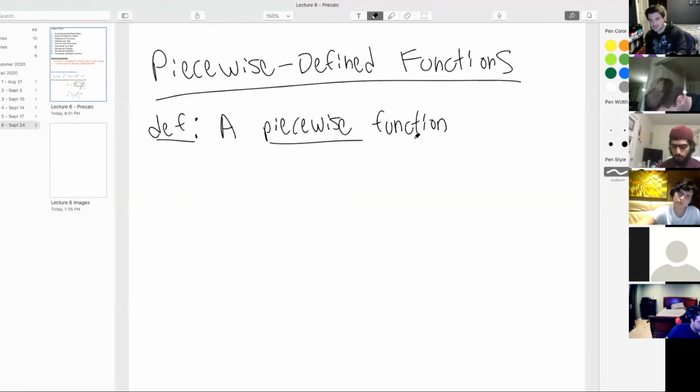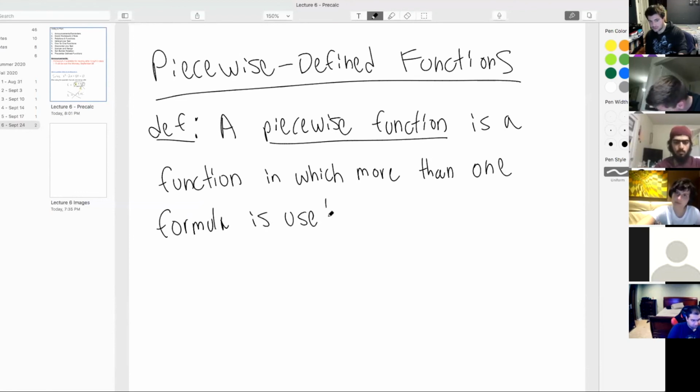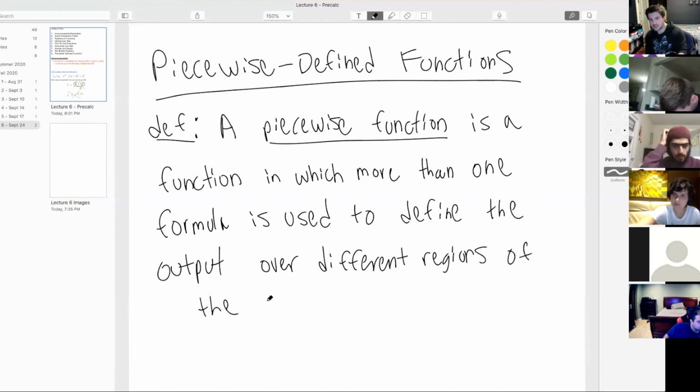A piecewise function is a function in which more than one formula is used to define the output over different regions of the domain.